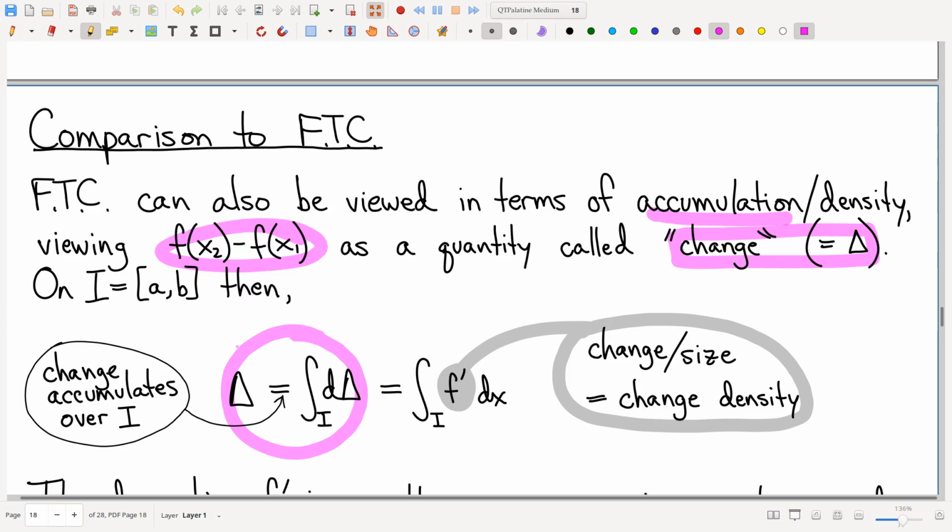I can draw a little picture here. If this is A and this is B and this is C, the amount that F changes from there to there, plus the amount that F changes on the second piece, this amount of change plus that amount of change gives me the total change.